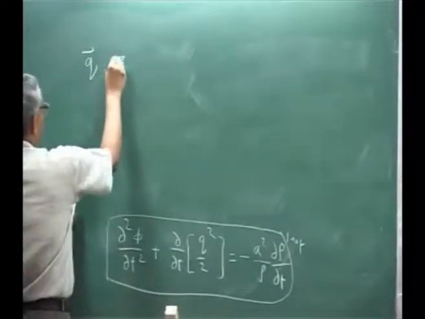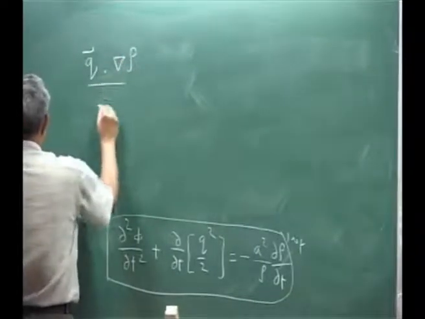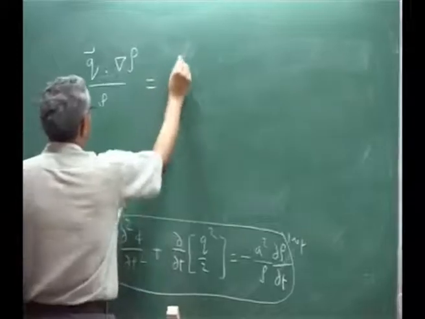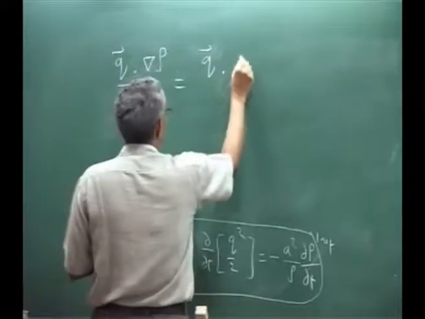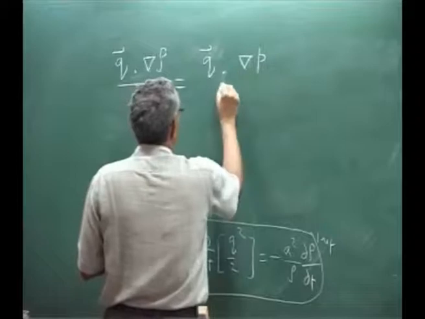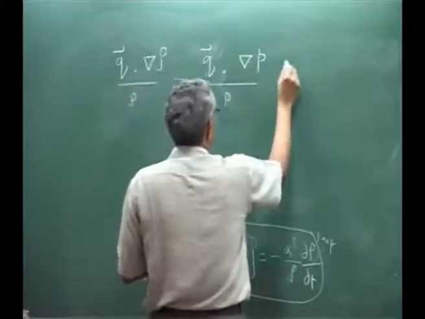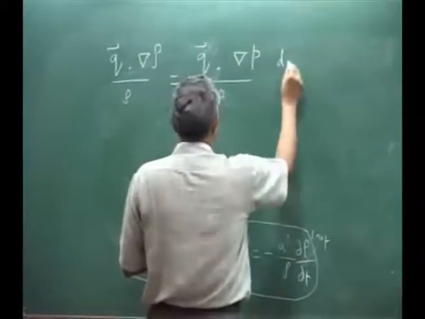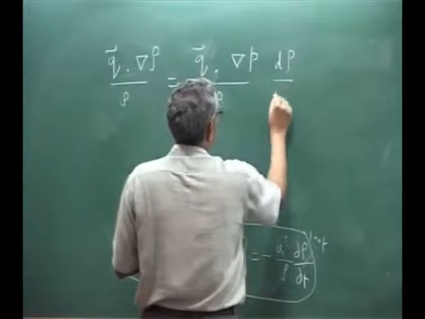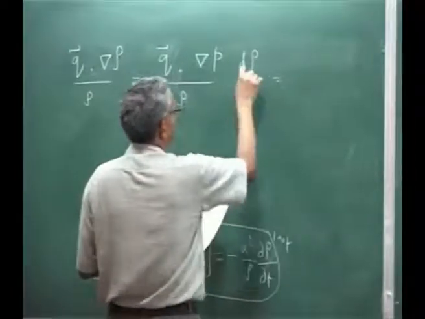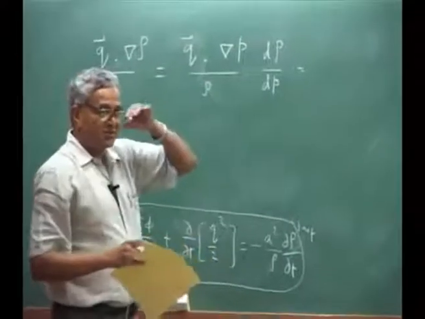dot del rho over rho. You can write it as q dot delta p into d, because p is in terms of rho.